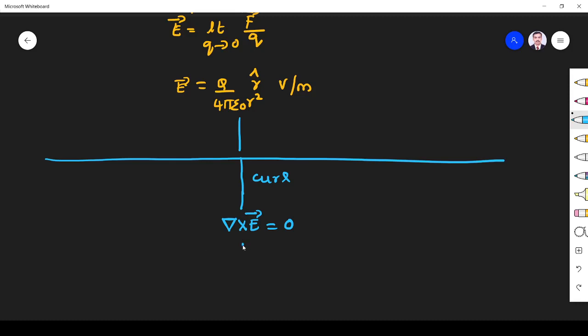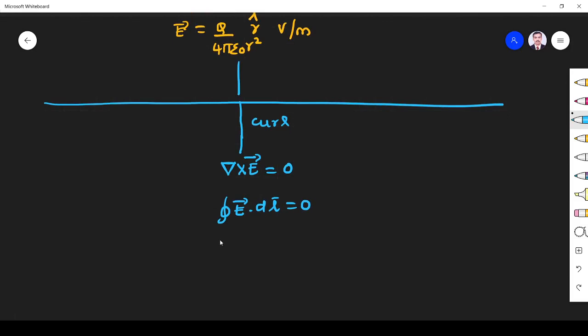It is the point form. In integral form, we can say closed integral E dot dl is equal to 0. That means E is irrotational.